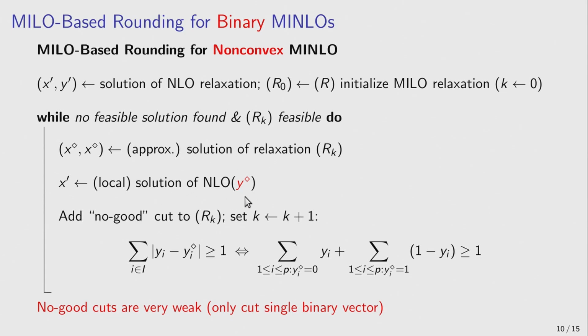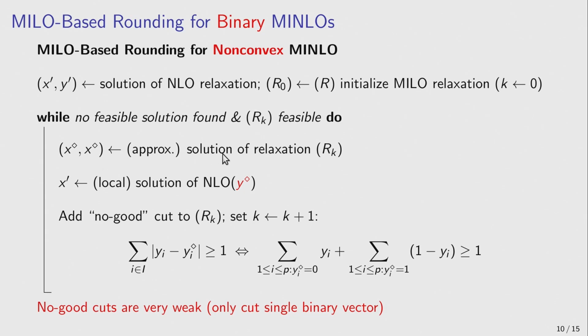I will find a local solution of the nonlinear optimization problem in which I fix the binary variables. So I get a, oops, there should be an x here. Let me just correct this on my slides. Sorry, it should be a y, not an x. So I'll correct that. The second component here should be a y. So I get out a solution of the relaxation.